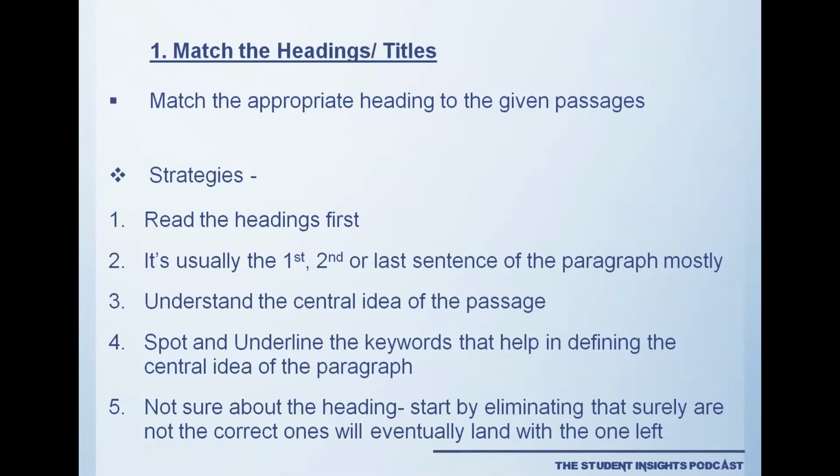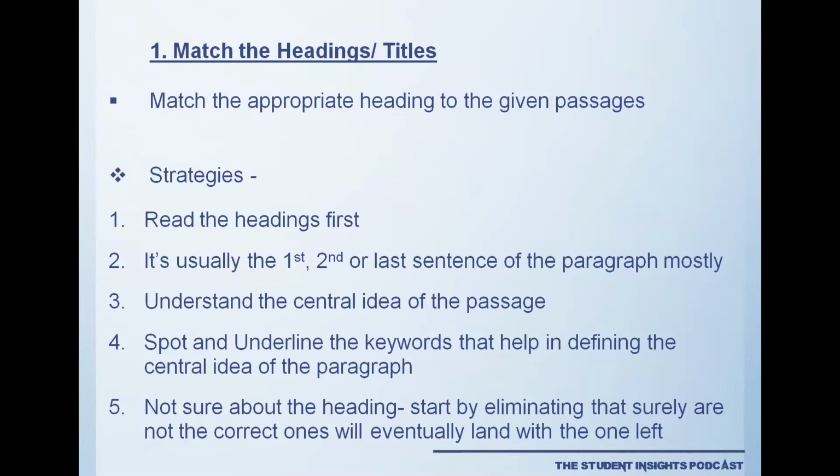The third one is understand the central idea of the passage. This is really important, because the heading actually gives a one-word or a three-word statement which gives you a gist about what the central idea of the passage is. So you need to know what that passage is actually talking about. So that is what the heading means.